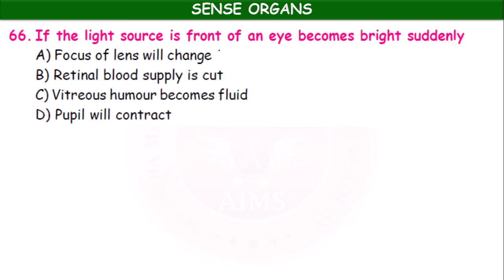If the light source in front of an eye becomes bright suddenly, what does it indicate? Focus of lens will change, retinal blood supply is cut, vitreous humor becomes fluid, pupil will contract. When the light source in front of an eye becomes bright suddenly, the pupil will contract so that it allows a small amount of light to pass.